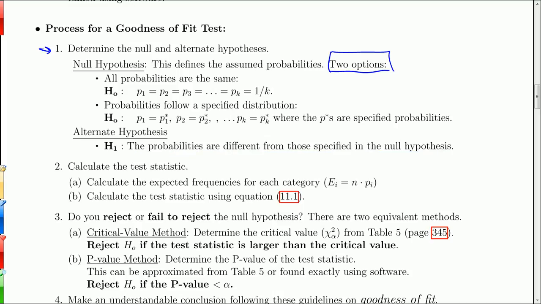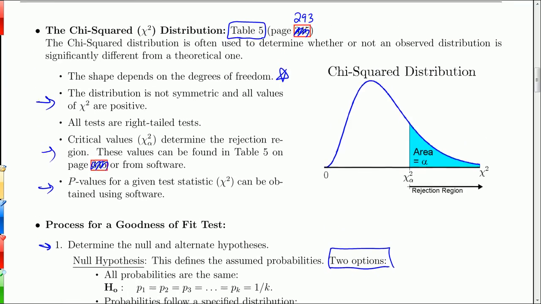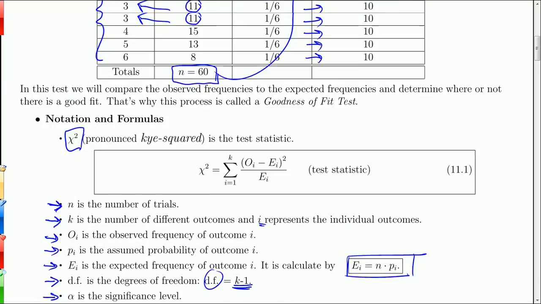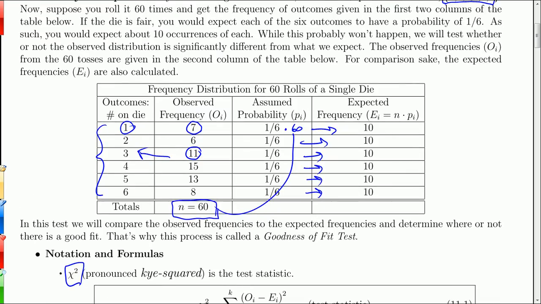So once you get the null and alternate, calculate the test statistic. First you want to calculate the expected frequencies, and that was back here where we took this formula right here, but whenever I covered it I did it in the table. The expected frequencies is the probability times the total number of trials.